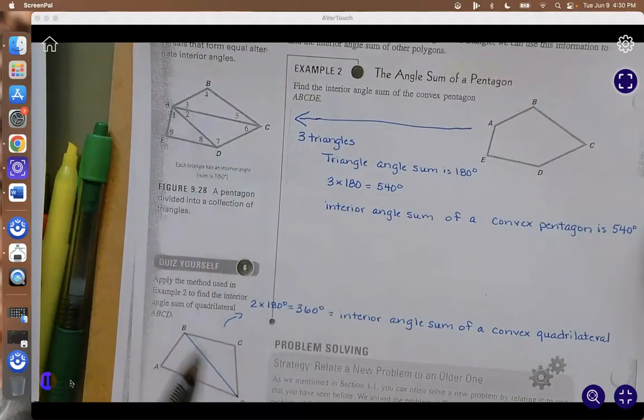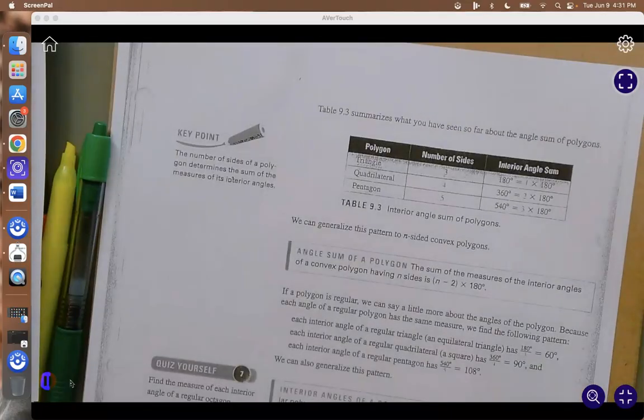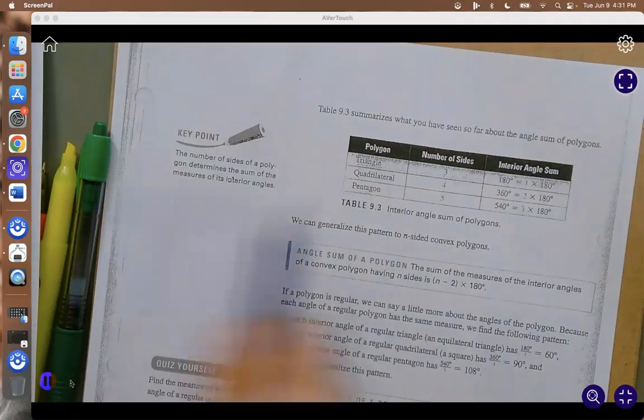What do you think for 6 sides? 4 triangles. 7 sides? 5 triangles. So you always are going to have 2 less than the number of sides. That's how many triangles you have. So let's go to the next page. And that's what it's telling me here.